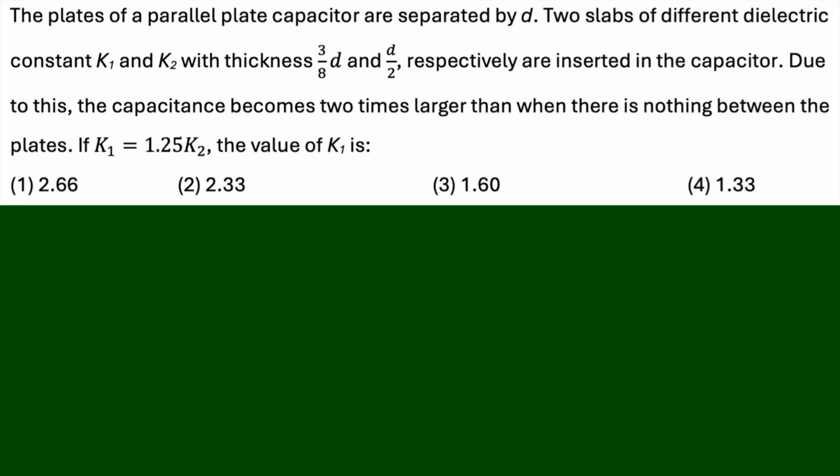Here they have given a relation between K1 and K2. This question we can solve in two different methods. One is the direct method. First I will tell you the direct one.